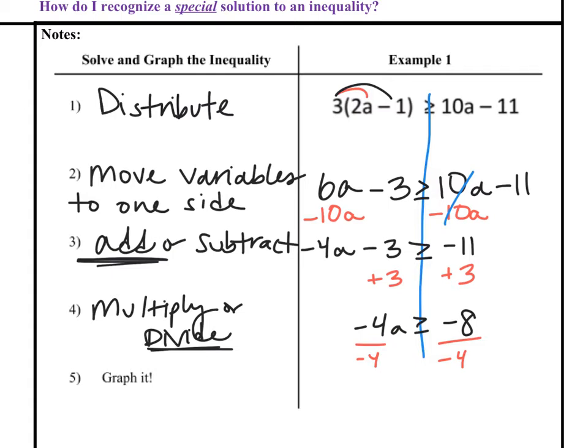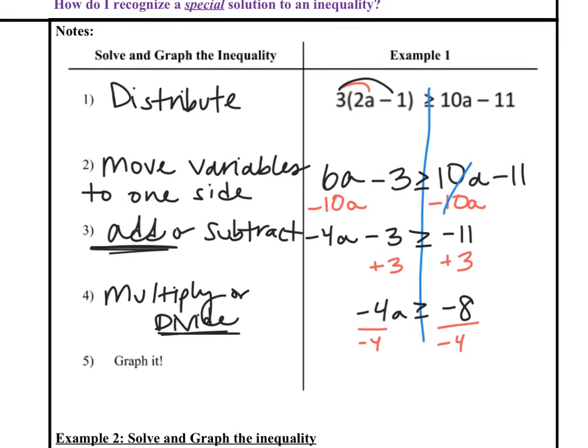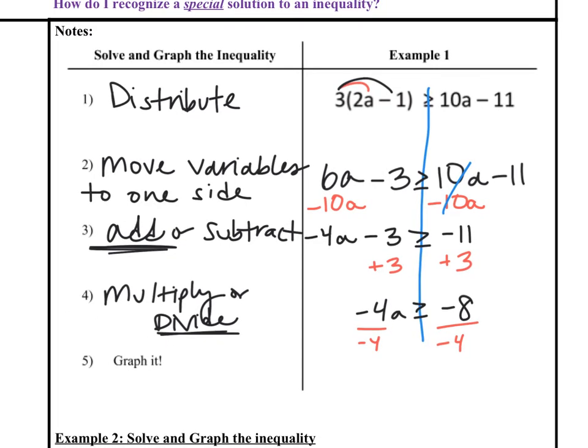That's incorrect. This is multiplication, so to undo it, you divide. You have just divided by a negative, and so you have to flip the sign. Don't forget, a is now less than or equal to +2.